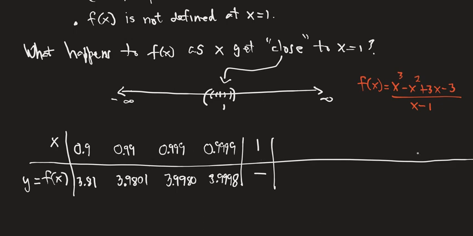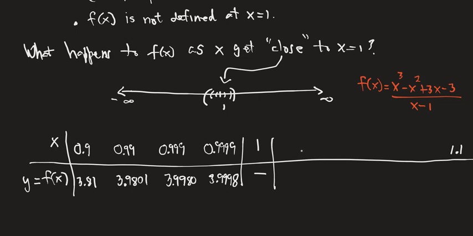Now on the right side, I would have to use values of x that are bigger than 1. So I would have to do something like 1.1. I just go a little bit above, just like down here I started a little bit below. But I can make the numbers smaller.